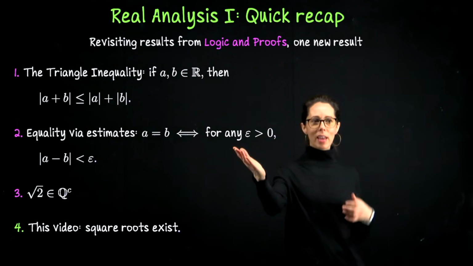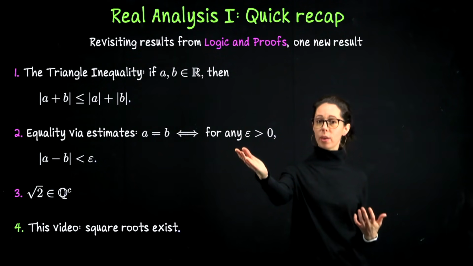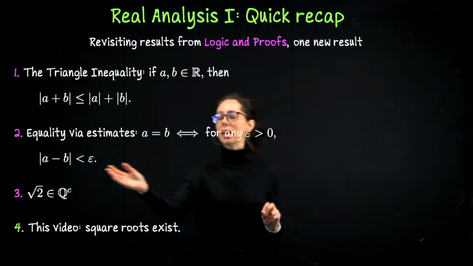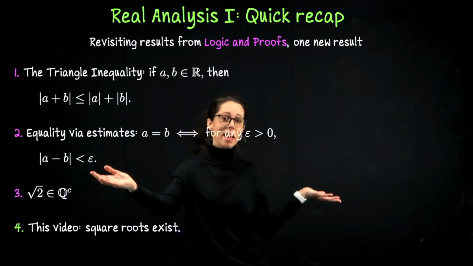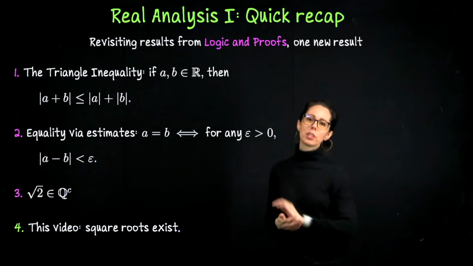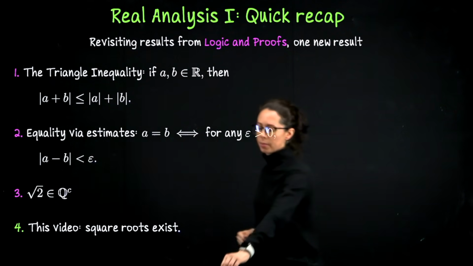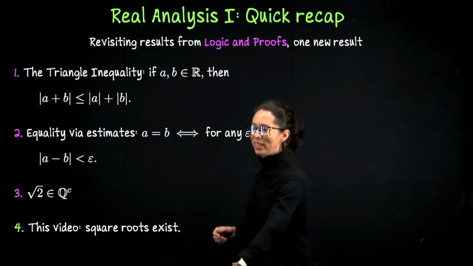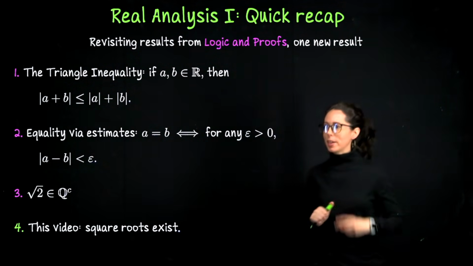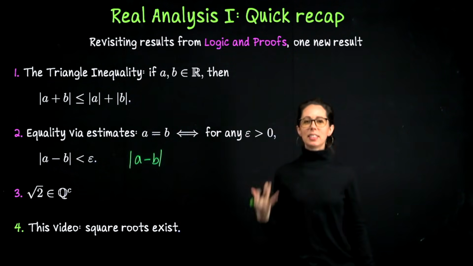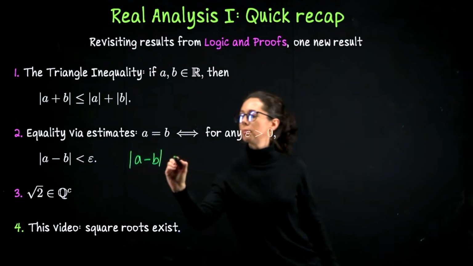And then for any such choice of epsilon that we could make, we can show that the distance between a and b is less than that number epsilon. You could say less than or equal to, but the statement's going to be less than. So you want to think of the absolute value of a minus b as like the distance between a and b.